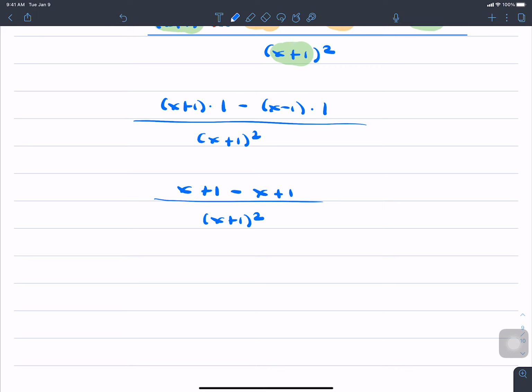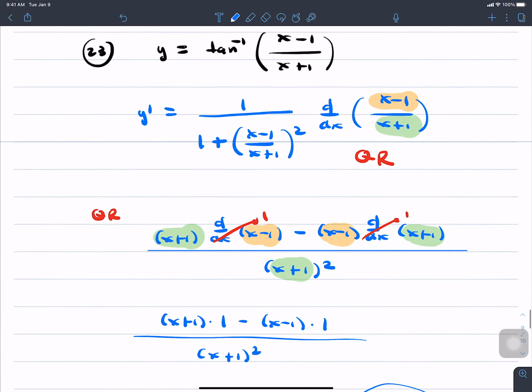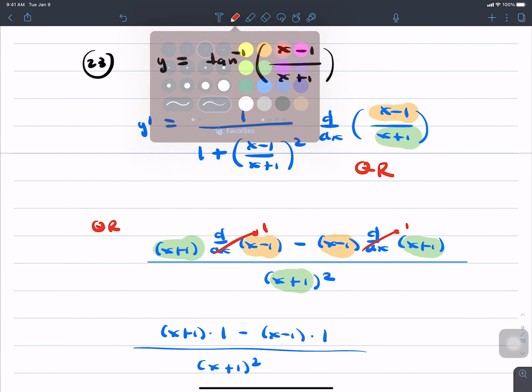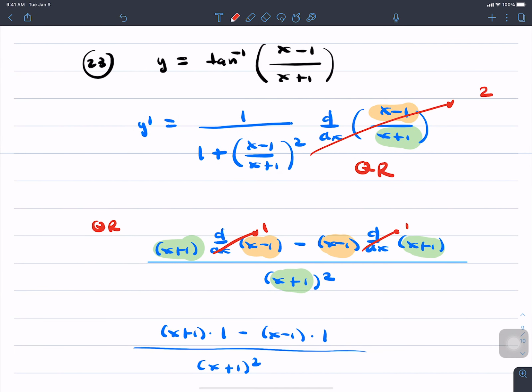And so my x's cancel, and I have 2 over x plus 1 squared. There we go.